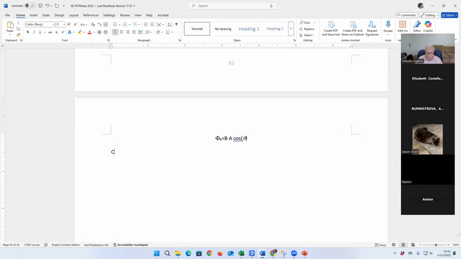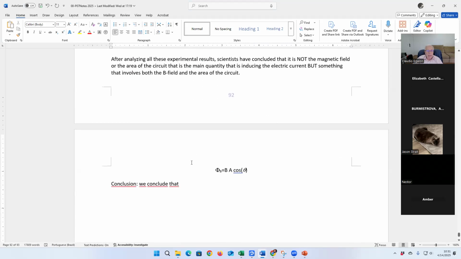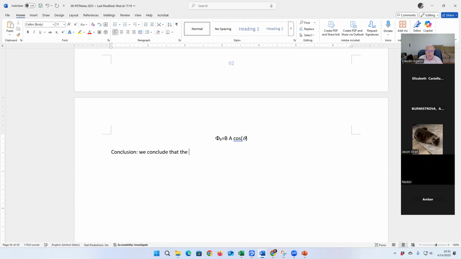Okay, so now we conclude. Conclusion. We conclude that the quantity in common for all these four situations, right, is the changing magnetic flux.